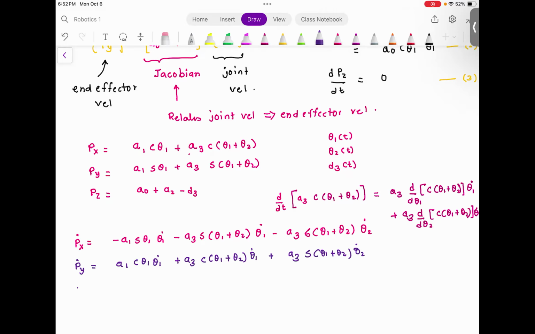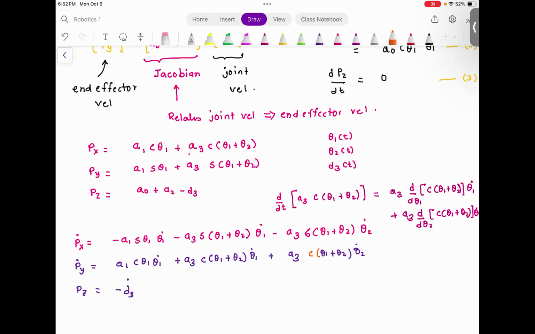Last but not least, Pz dot: A0 is a constant, A2 is a constant, so it's going to be minus D3 dot.